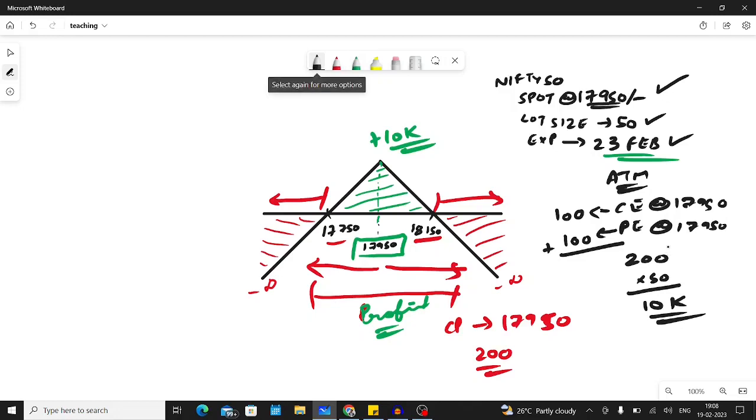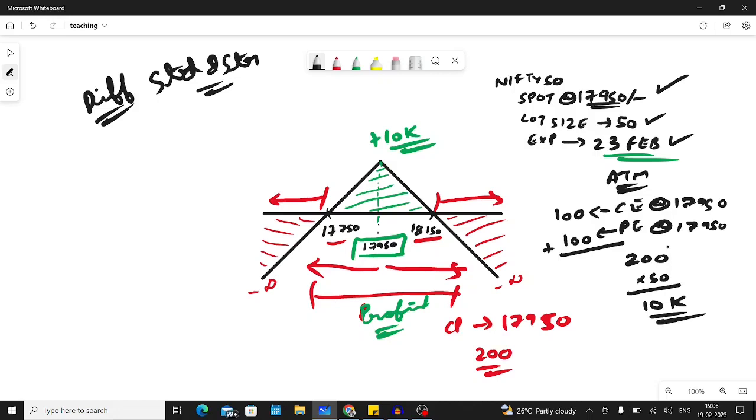Now let's see what exactly are the differences between straddles and strangles. So this is a strangle and this is a straddle, right? So let's see what exactly would be the capital required to carry out these transactions.